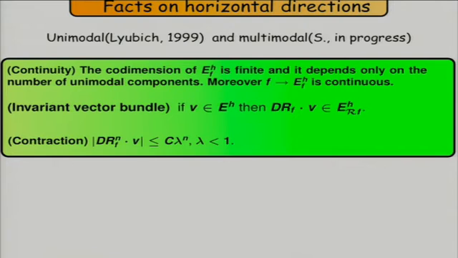And what's more difficult to prove is the contraction. You have an exponential contraction when you iterate the derivative of the harmonization operator in these horizontal directions. Okay? In the future, I'm going to prove that this horizontal direction is actually the stable direction. So we know a lot about this.